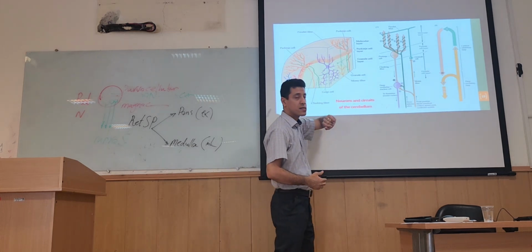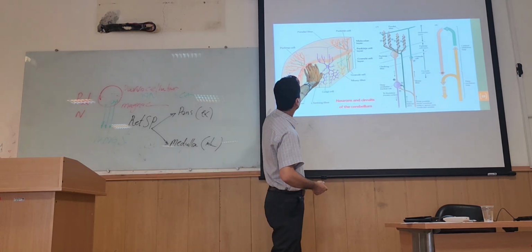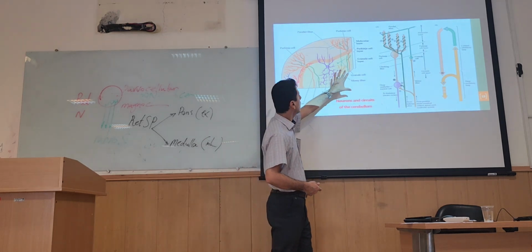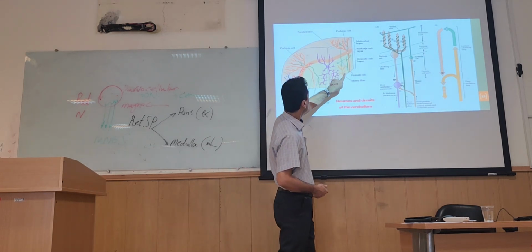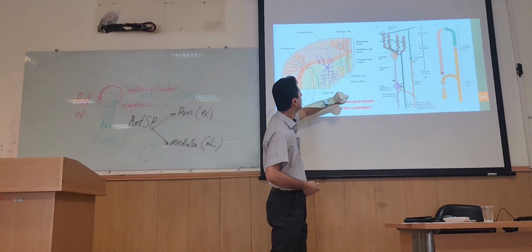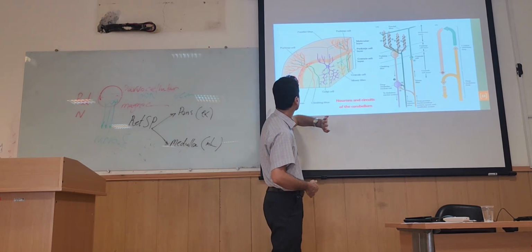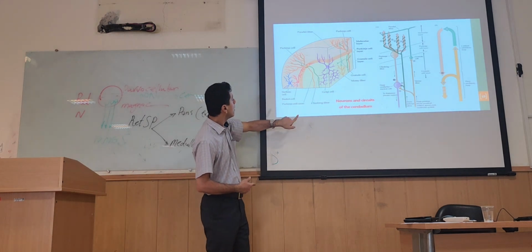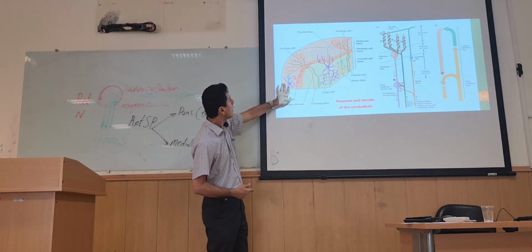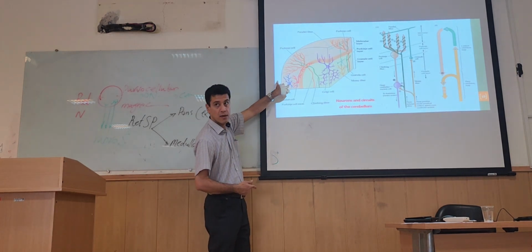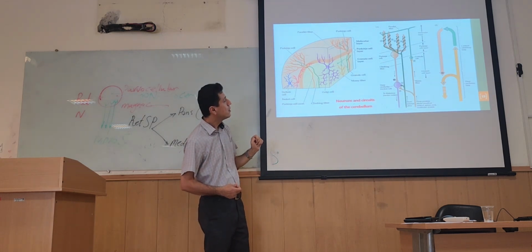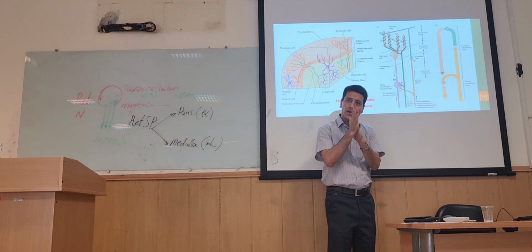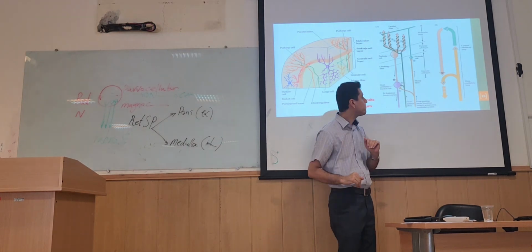In the Purkinje cell layer we have the somas of Purkinje cells. In the granule cell layer we have mainly granule cells, but also Golgi cells. Basket cells and stellate cells are in the molecular layer. So here you can see the physiological connections between neurons.